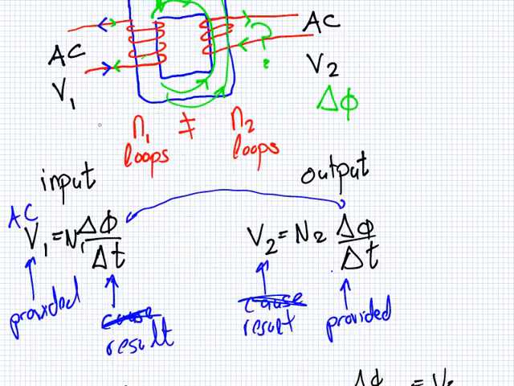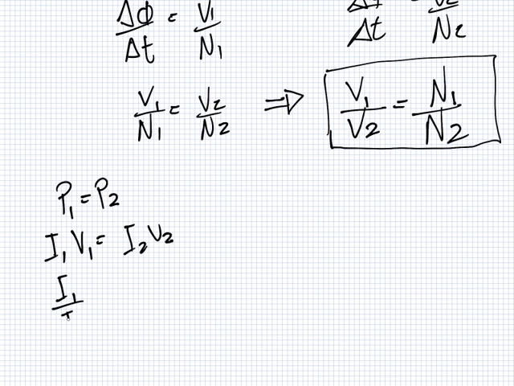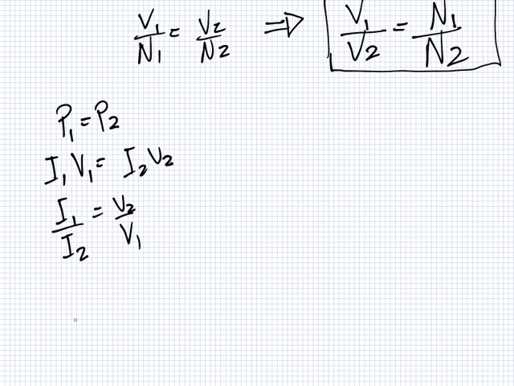So what you could say here is, well, then that means the power in on the left must equal the power out on the right. That means I1V1 on the left equals I2V2 on the right, which means I1 over I2 equals V2 over V1, or rather I2 over I1 equals V1 over V2.